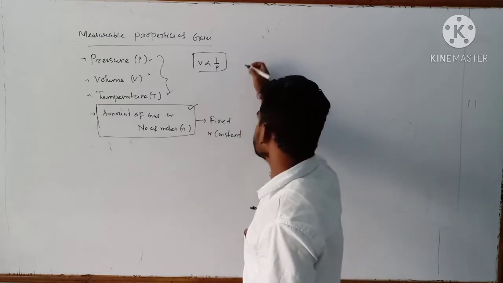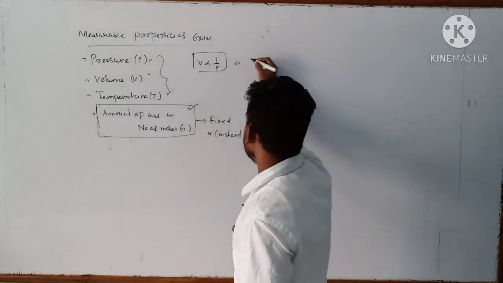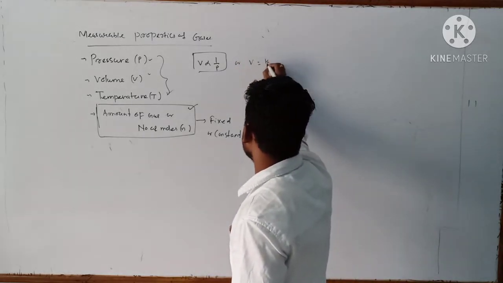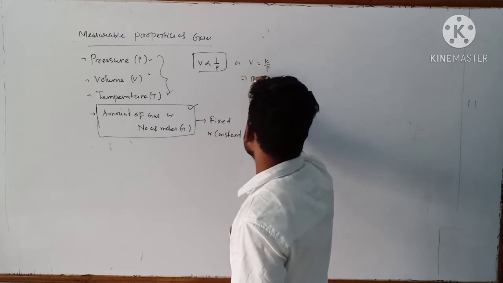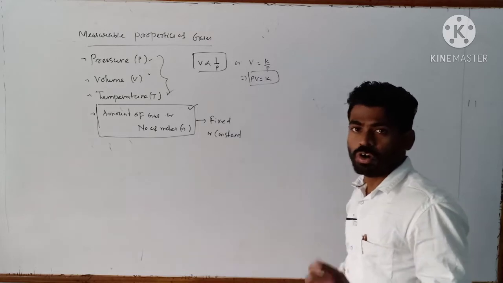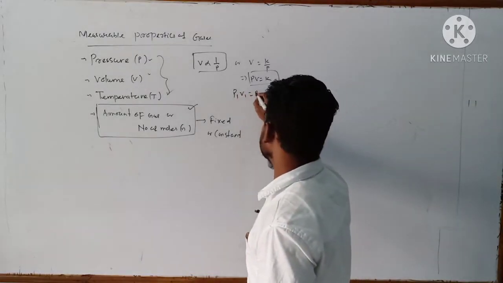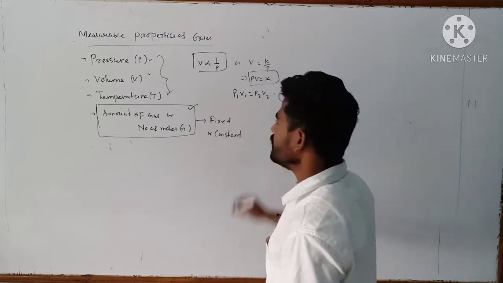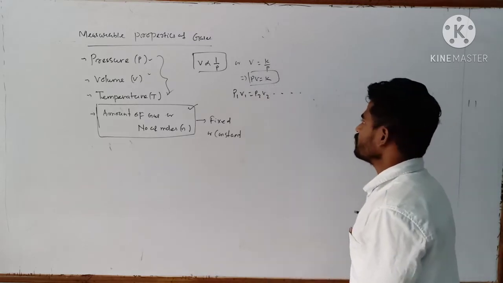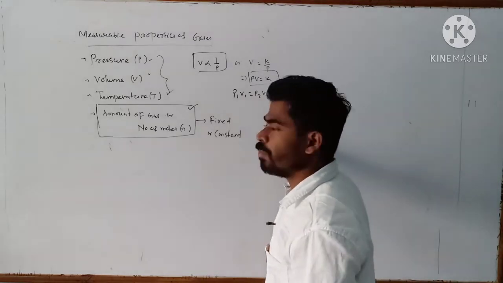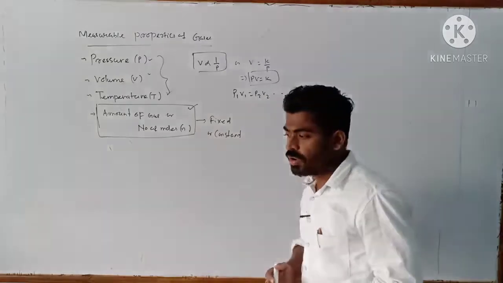Or you can write V equals K by P, or PV equals K. The product of pressure and volume is always constant, or you can write P1V1 equals P2V2. These are the different forms of Boyle's law.